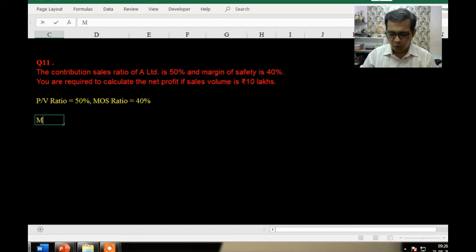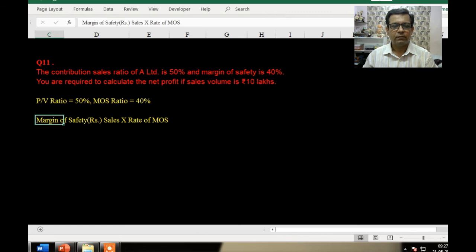First thing we need to do is calculate the margin of safety. The formula is, now we are finding this in rupees, not in units. We cannot find it in units. So it will be sales multiplied by the rate of MOS. What is the sales given to us in the question? 10 lakh rupees.